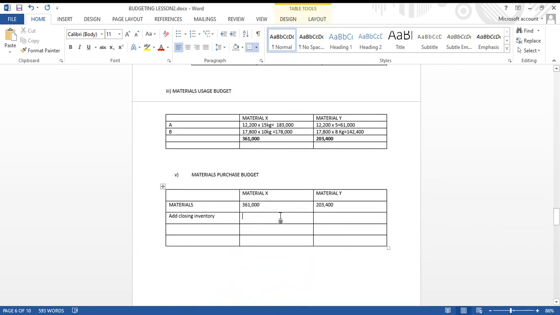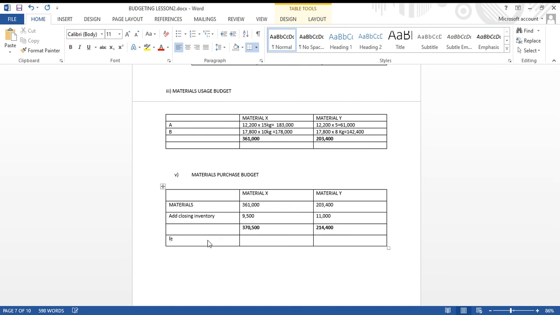So we're going to add them up together. 361,000 plus 9,500, we get 370,500 kg. And for material Y, 203,400 plus 11,000, you're going to get 214,400.